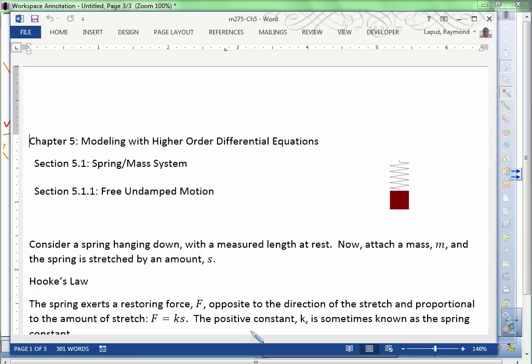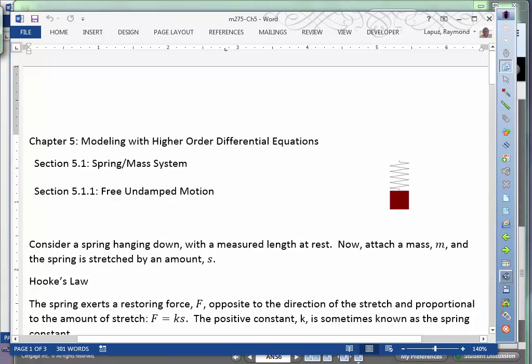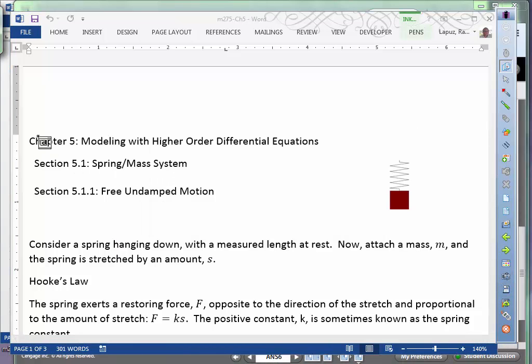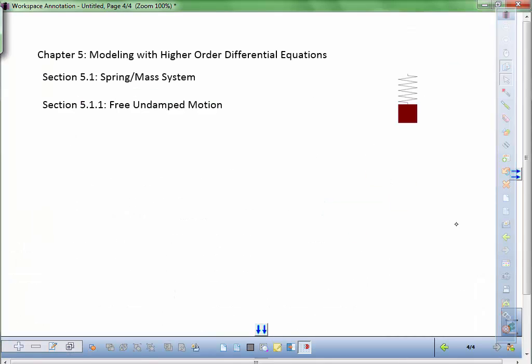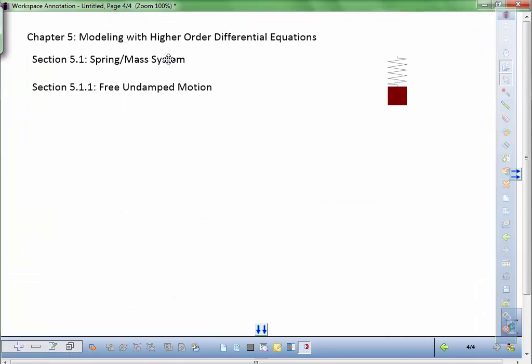So let's start off with an undamped motion. And actually, before talking about undamped motion, they talk about springs in general. I suppose we should talk about modeling these springs with differential equations.